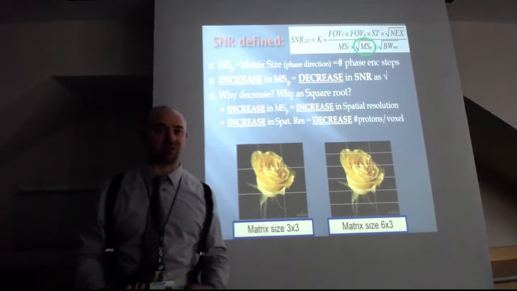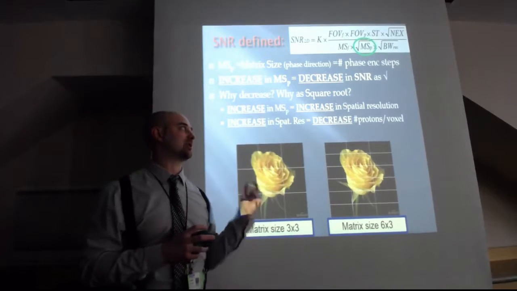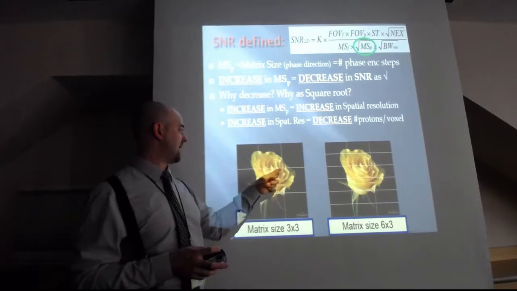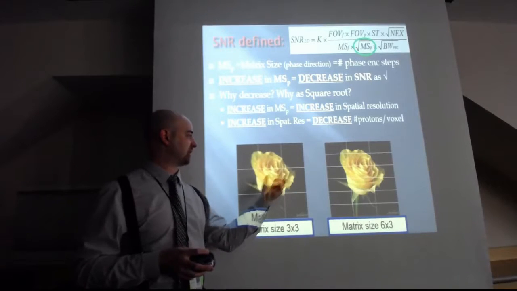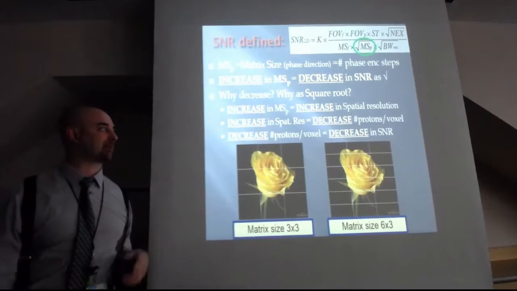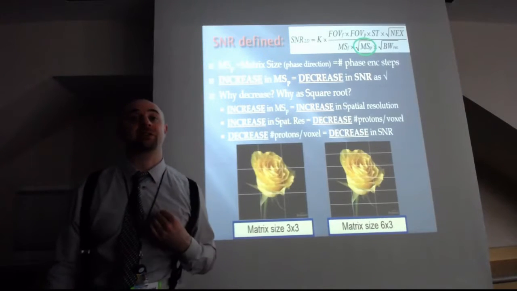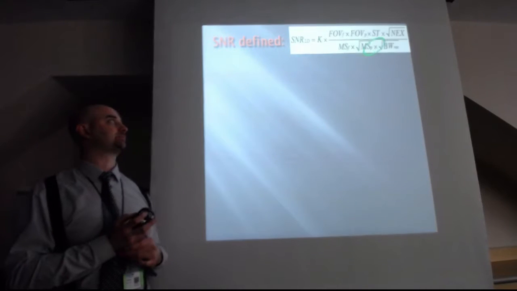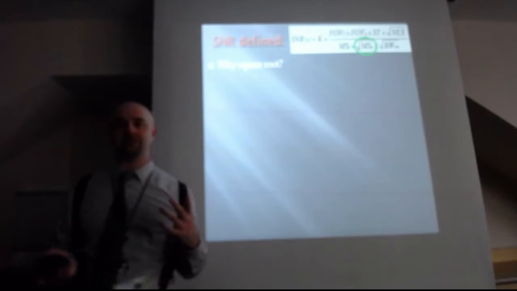An increase in spatial resolution is necessarily going to cause a decrease in the number of protons per voxel, right? You know, when we had this pixel, there's all these nice protons in here, and we just cut that volume in half. So a decrease in the number of protons per voxel is going to cause a consequent linear decrease in SNR. Okay, so why is it not then linear?